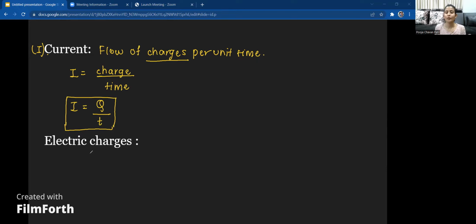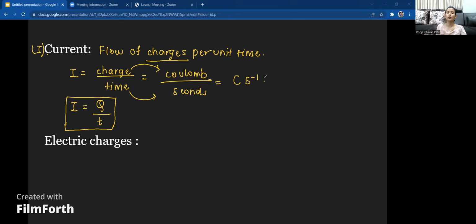Now to write the SI unit of current, we know the SI unit of charge is the coulomb, and the SI unit of time is seconds. So the unit of current is coulomb per second.